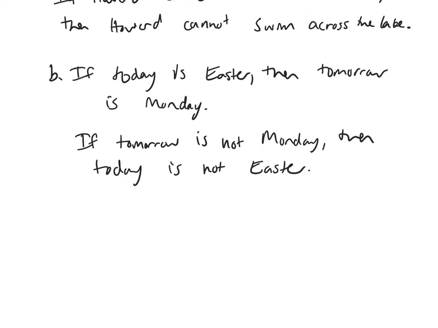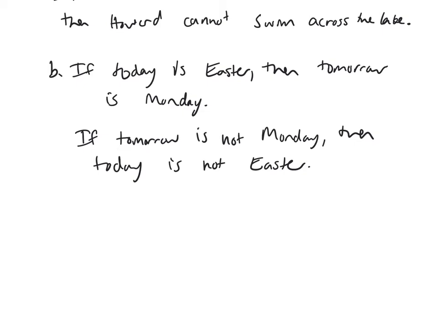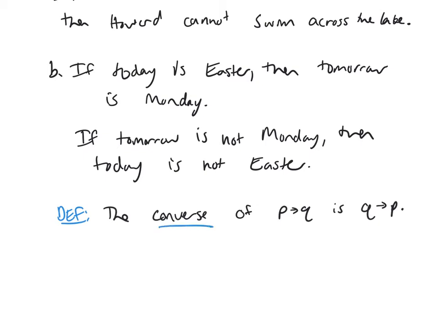We're going to talk about two more of these, which are called the converse and the inverse. So the converse of if P then Q is if Q then P. So you just flip the order.